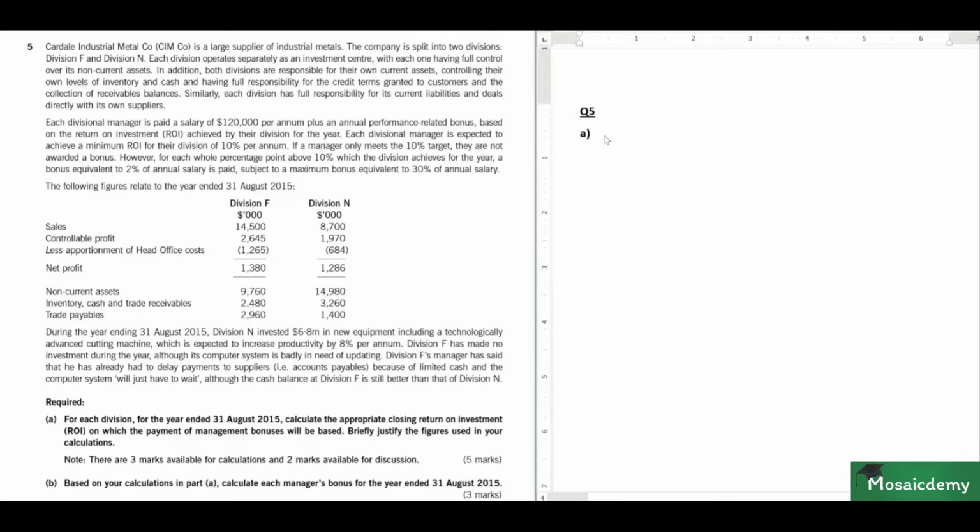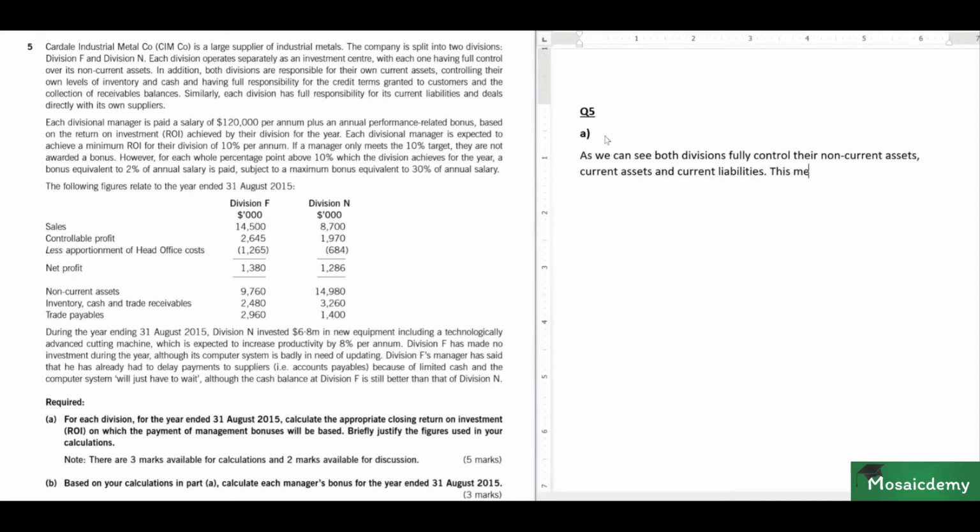Let's start. So let's start with the justification, right? As we can see, both divisions fully control their non-current assets, current assets, and current liabilities.